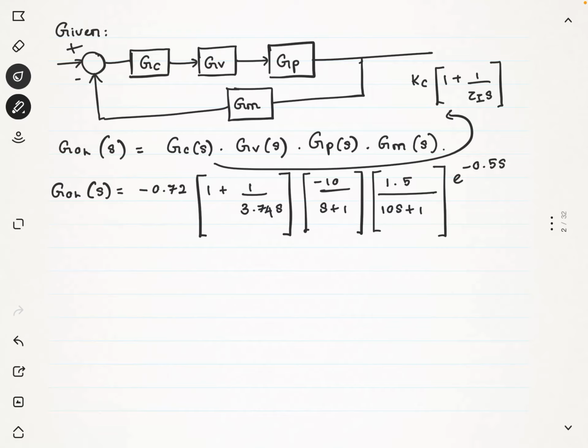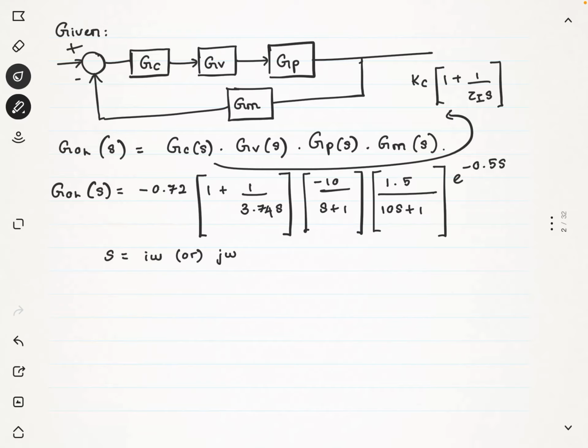And for doing our frequency analysis, all we have to do is substitute s equal to j omega. I'll use i omega in the original open loop transfer function, and then we can compute the amplitude ratios and the phase angle and all the other characteristics of frequency response analysis. So let me substitute s equal to i omega first.